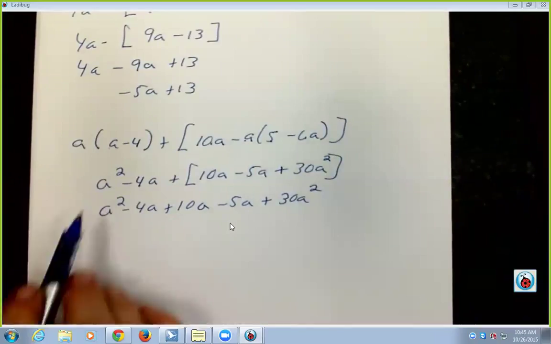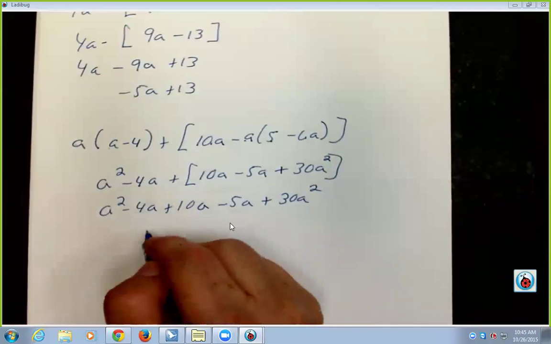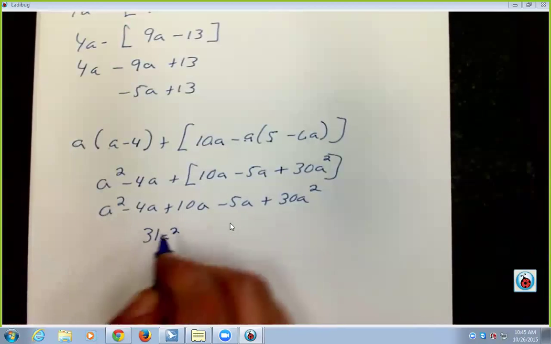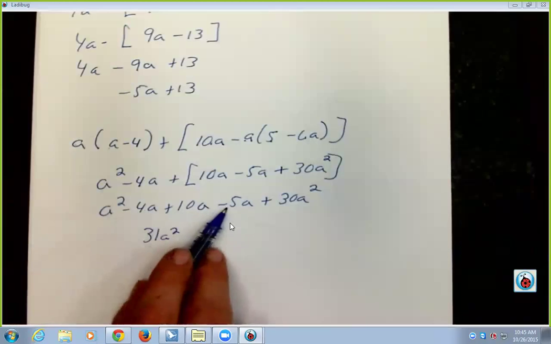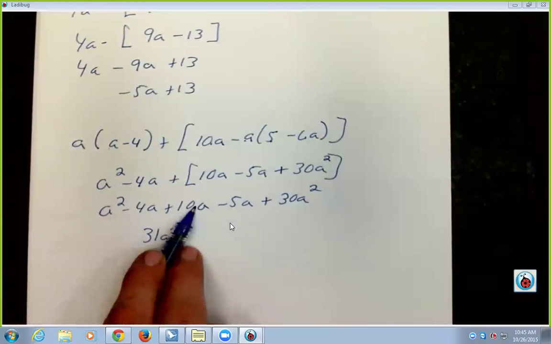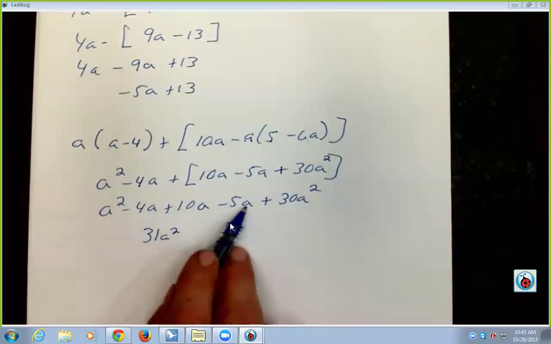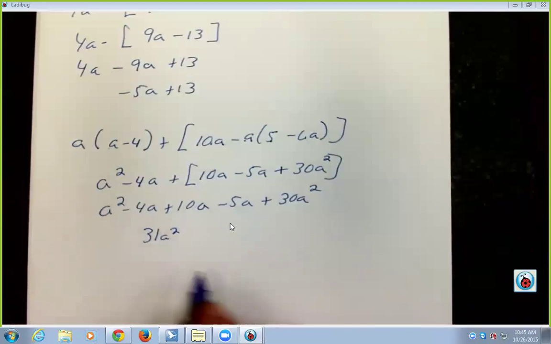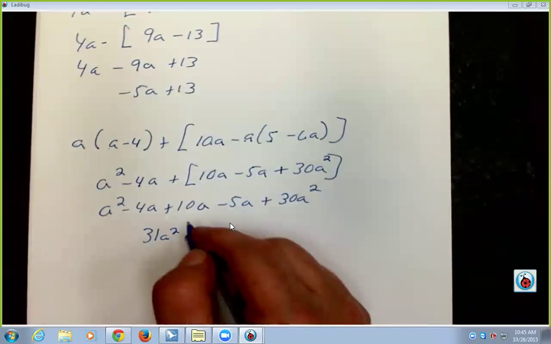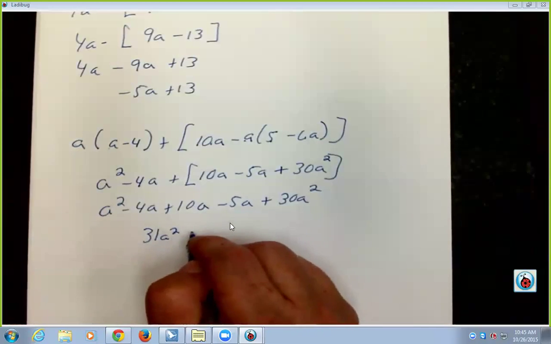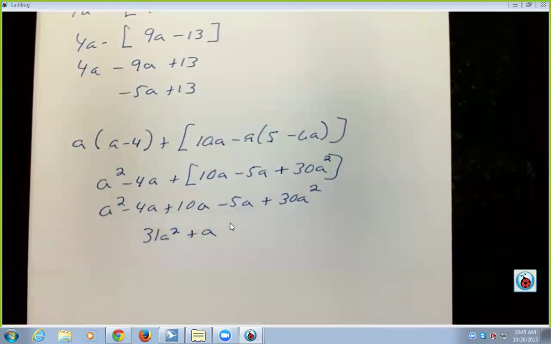So a squared and 30a squared is 31a squared. Negative 4a and a positive 10a is positive 6a. Minus 5a is a plus a. And that becomes my solution.